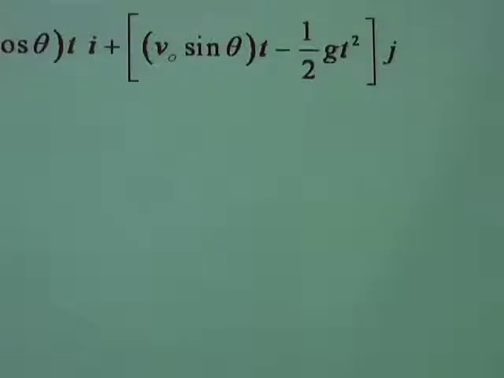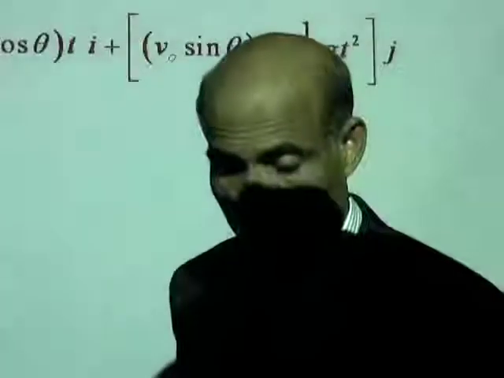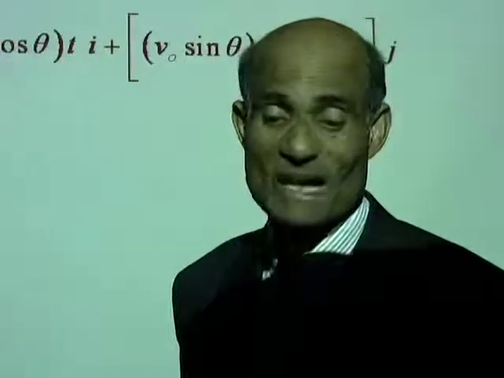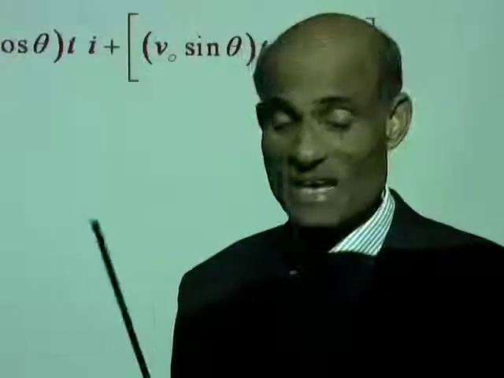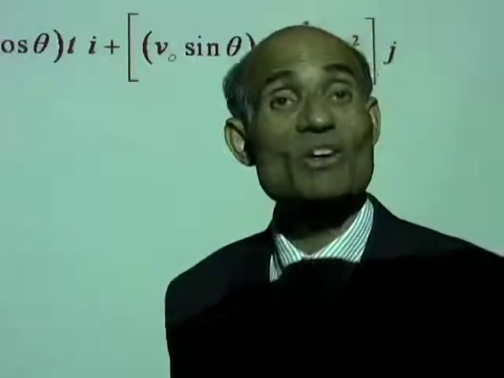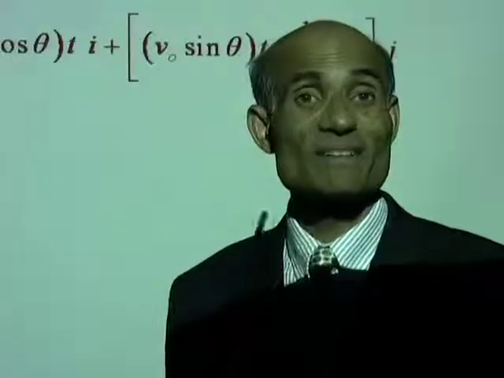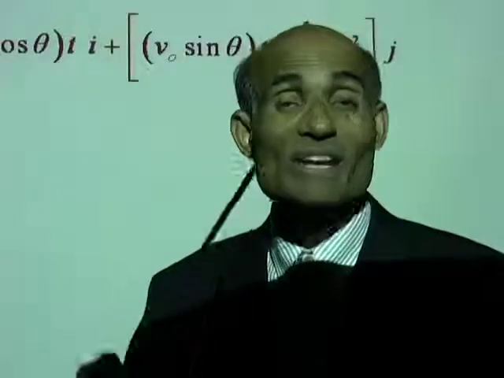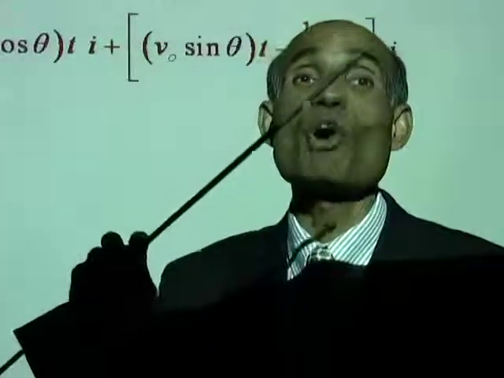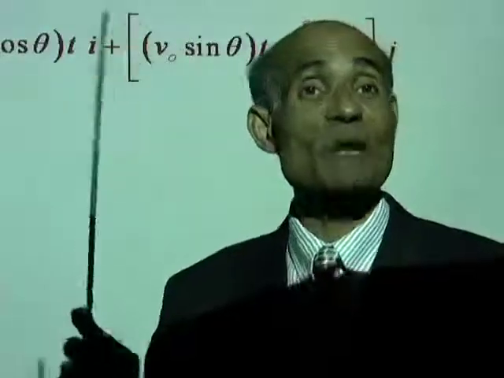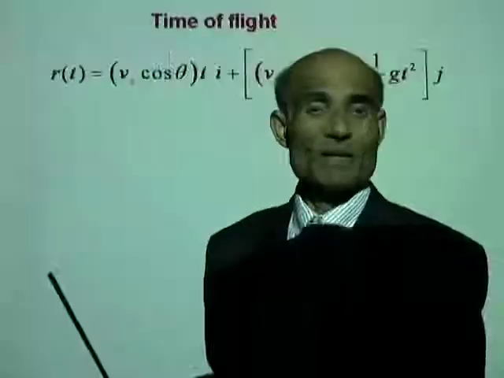Let's now obtain an equation for the time of flight. Now, how did we say we are going to obtain the equation of the time of flight? Time of flight is the time taken for the vertical position to become 0.